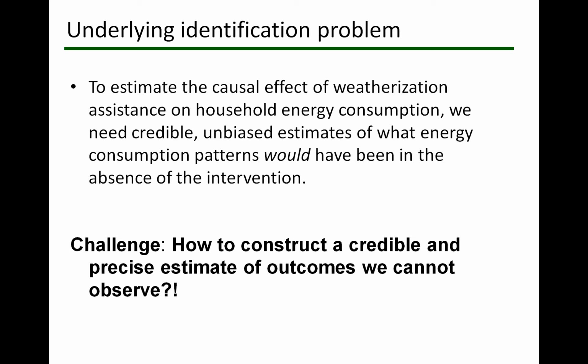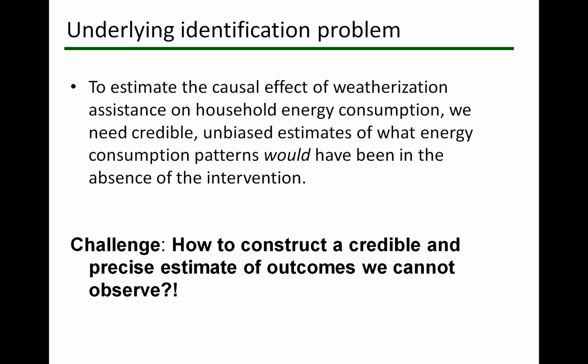With a program like weatherization, we do face a challenge. People often talk about selection bias. Basically, the problem is that the type of people who select into this program, who voluntarily seek out and obtain weatherization assistance, may differ from households that don't.